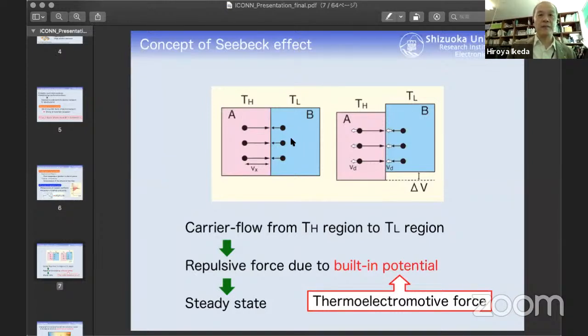So a net flow of carriers occurs from the high temperature to the low temperature region. After that, the lower temperature region is charged negatively, so there is a built-in potential like this. Finally, the velocity of the carrier flow is balanced. This is the thermoelectric motive force.